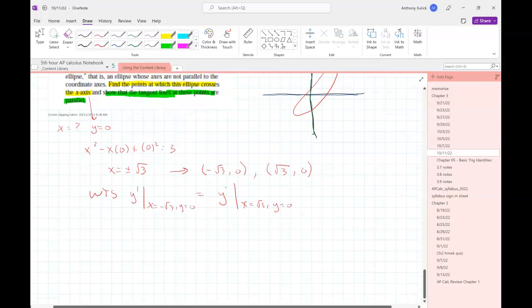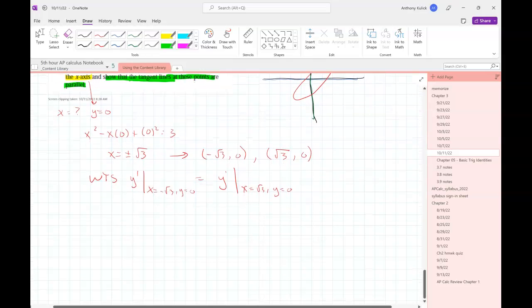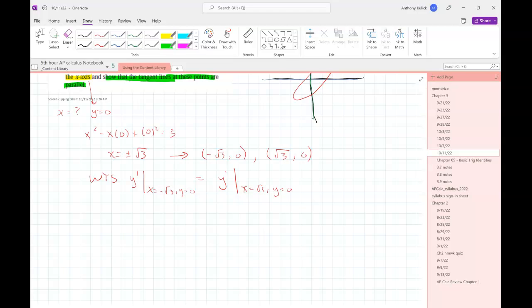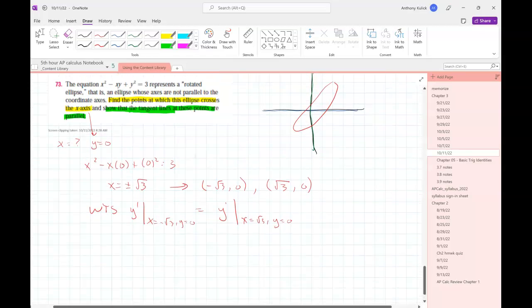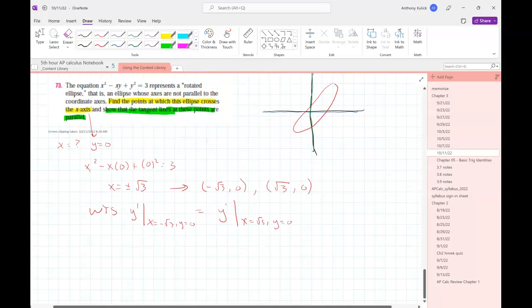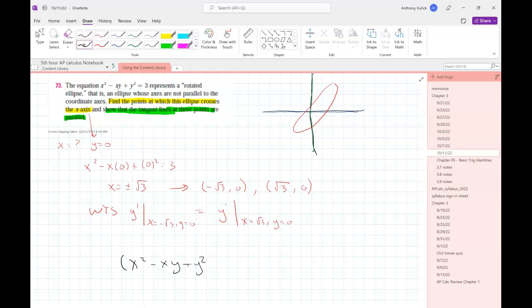So what we want to show then is the first derivative when evaluated when x is negative square root of 3 and y is 0 is equal to the first derivative when x is positive square root of 3 and y is 0. Does that feel okay? So let's go ahead and find that first derivative then.